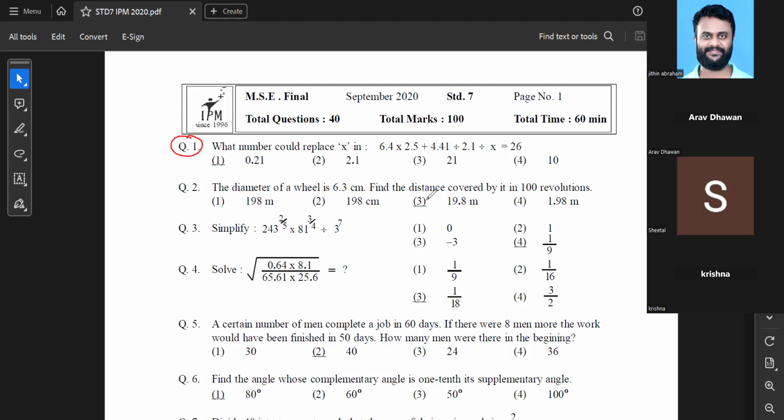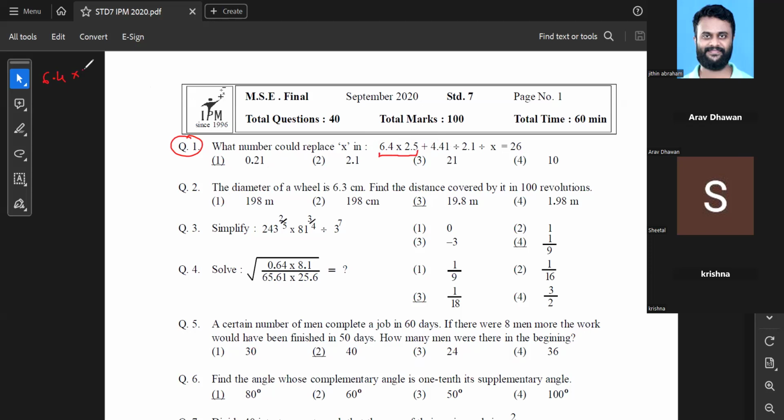Anyway, I've muted them. So in this case, I will suggest you put the values one by one and see how things are working out. As you can see, there is an addition in between. So first of all, let's multiply these two numbers. We get 6.4 multiplied by 2.5.